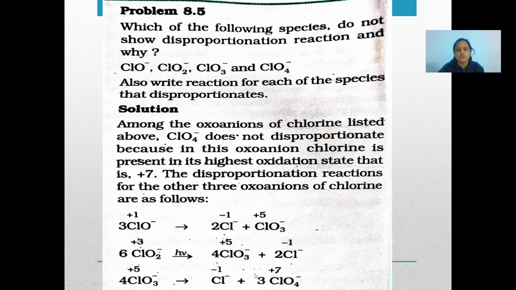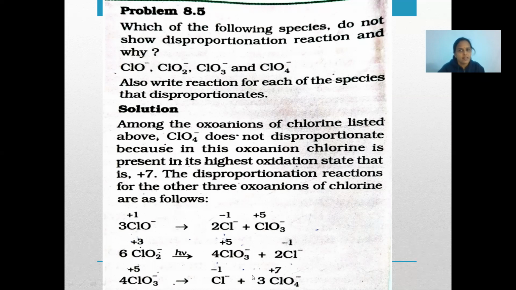Similarly, 4ClO3 minus gives Cl minus plus 3ClO4 minus. So here in ClO3 minus, Cl is present in +5 oxidation state and it goes to Cl minus in -1 oxidation state, undergoing reduction. And from +5 oxidation state, it goes to +7 oxidation state in ClO4 minus, undergoing oxidation.